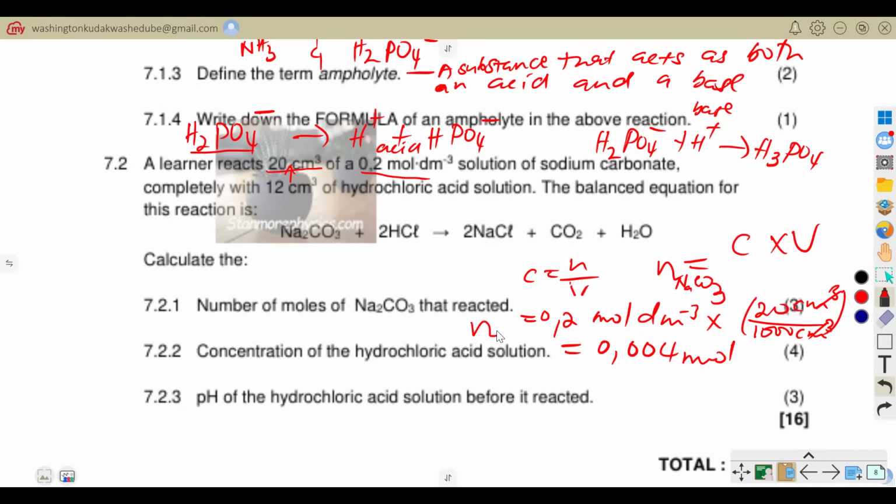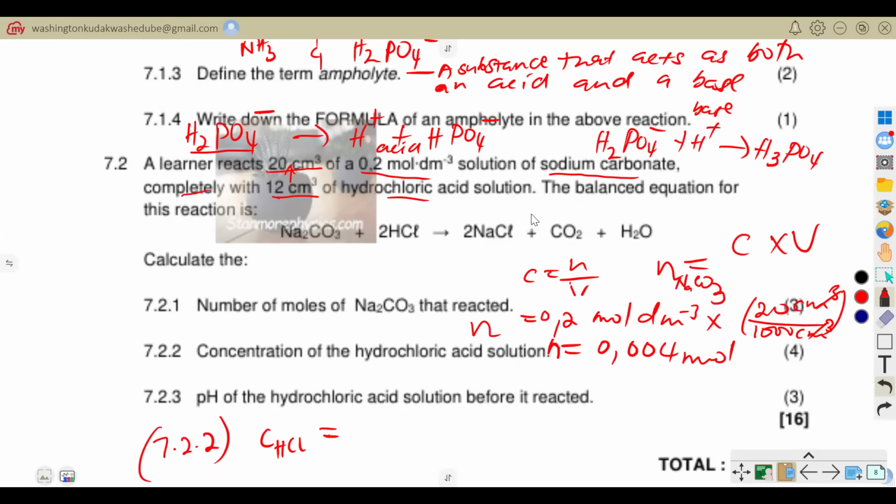Now, concentration of the hydrochloric acid solution. We now need to find the concentration of the hydrochloric acid solution. This one was the number of moles, mind you. So 7.22 would be to say the concentration of HCl. How do I find the concentration of HCl? Let me read again. They say that this actually reacts completely with 12 cubic centimeters of hydrochloric solution.